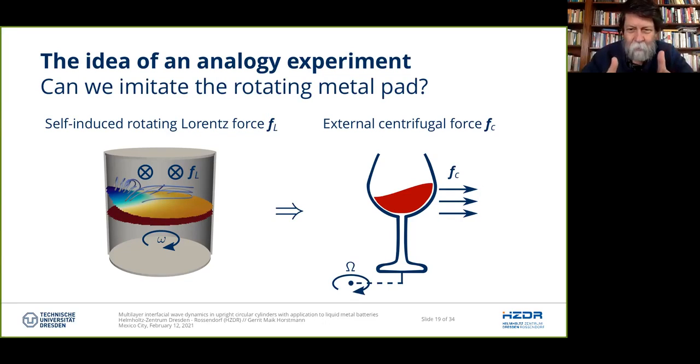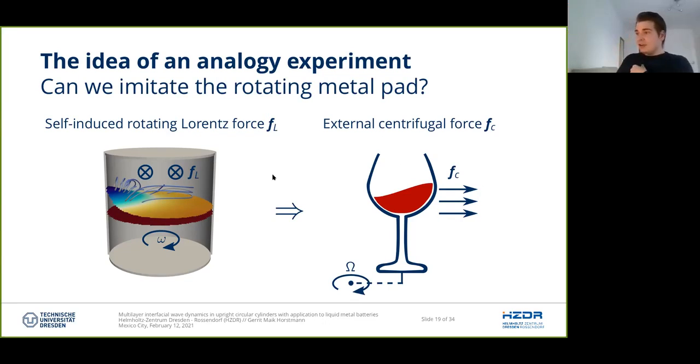I see your question. Okay, sorry, this is a bit misleading, because here this is a small omega and this is a large omega, which means in my notation you cannot know this. This small omega is the natural frequency arising due to Lorentz forces. So this is the eigenfrequency, while this omega is the forced frequency, which is arbitrary. And here I just indicated that the wave is rotating around, driven by self-induced Lorentz forces.